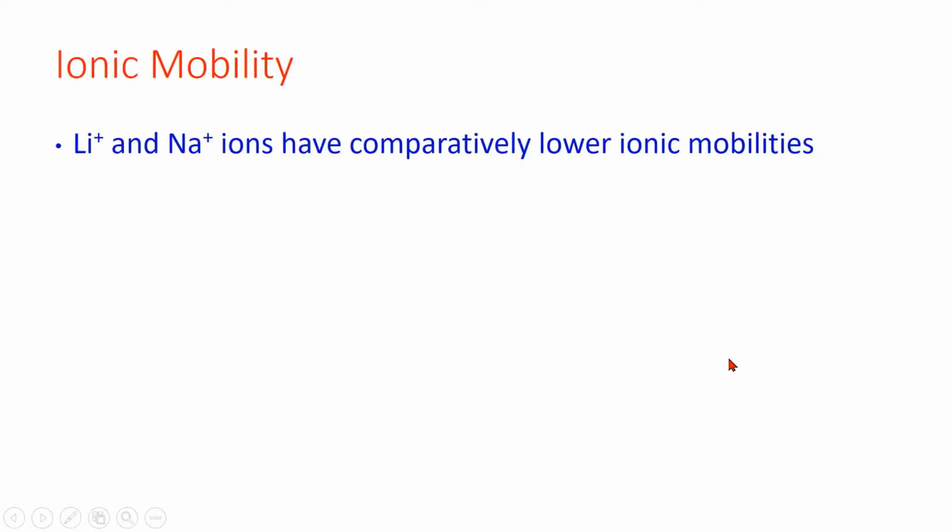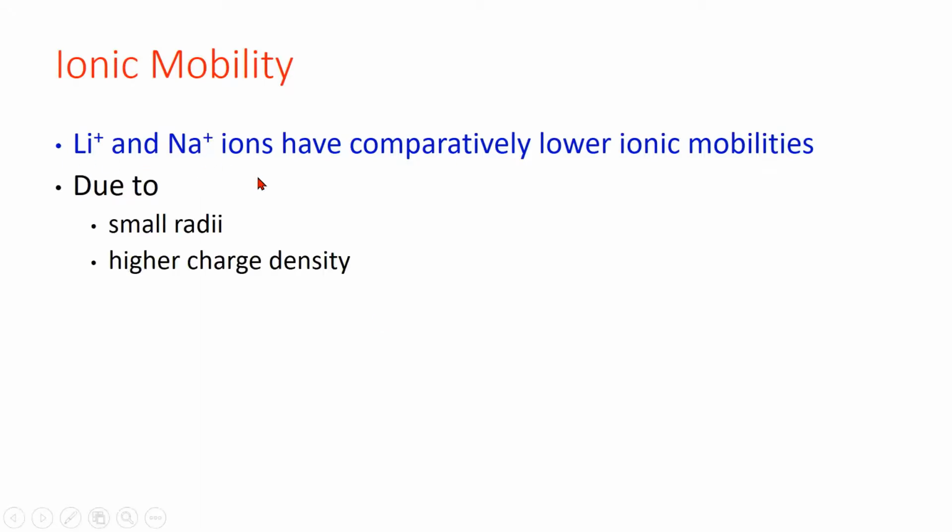Lithium ions and sodium ions have comparatively lower ionic mobilities in comparison to proton. This is due to small radii. These are having high charge density.